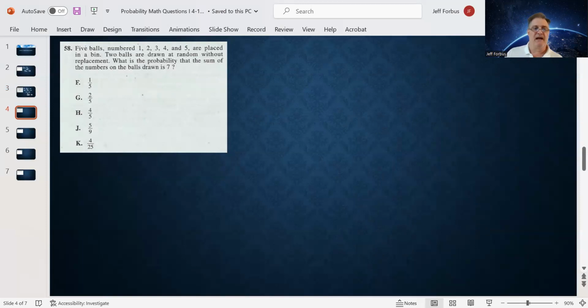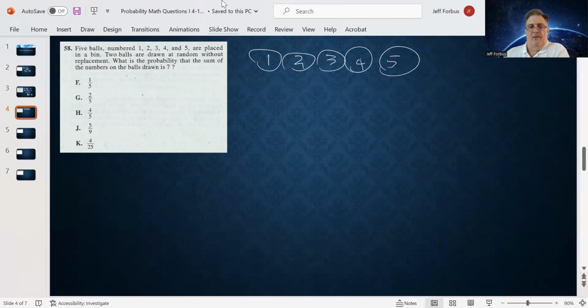Okay, so we have 5 balls, and they're numbered 1, 2, 3, 4, and 5. So here's what we got. Ball 1, ball 2, 3, 4, ball 5. Now they're all put in a container, a bin. 2 balls are drawn at random without replacement. And they want to know, what is the probability that the sum of the numbers drawn is 7?